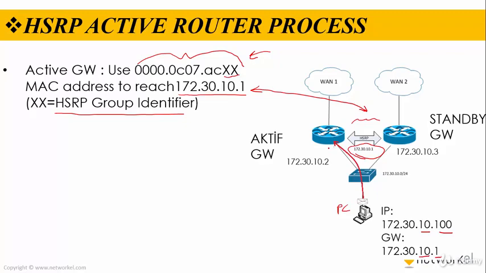So I'm going to attach this IP address to this interface of router 1, and I'm going to attach this IP address to this interface of router 2, and I'm going to attach a standby IP for both of them, and that's going to be 10.1, and I'm going to define the gateway as 10.1.